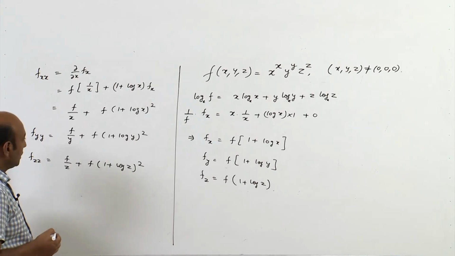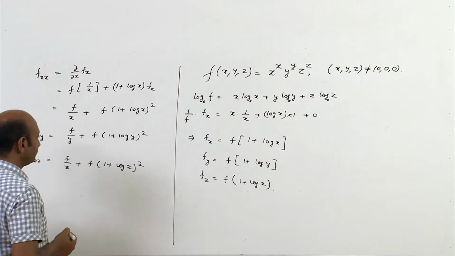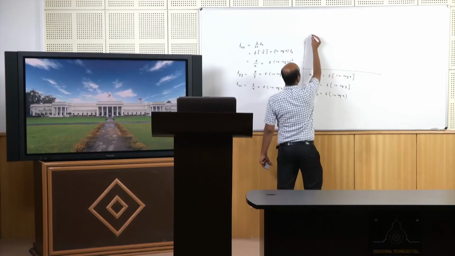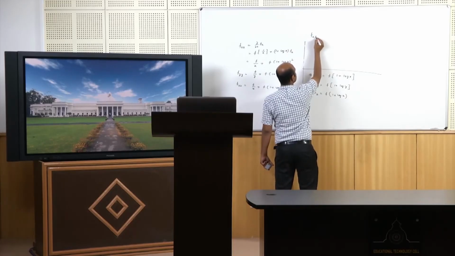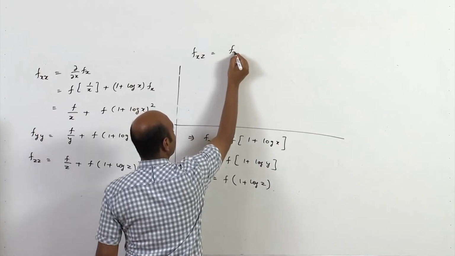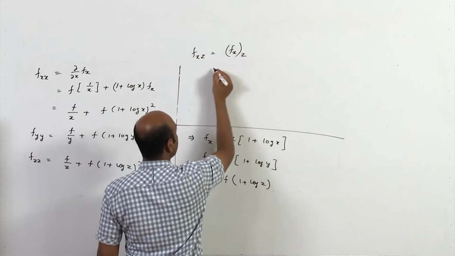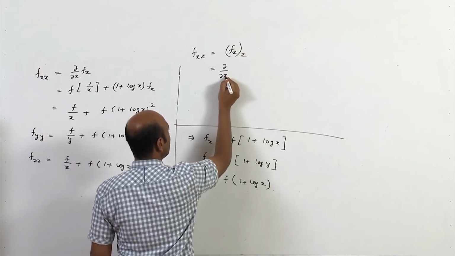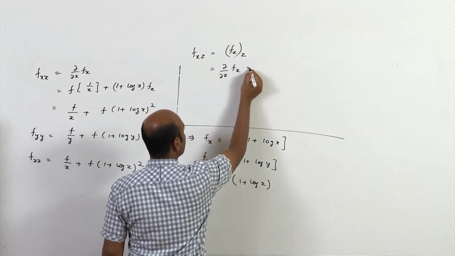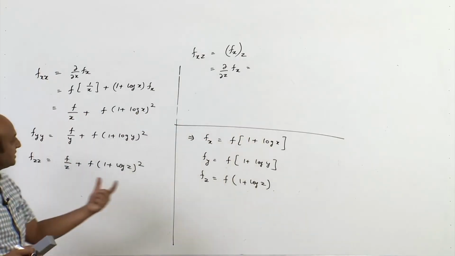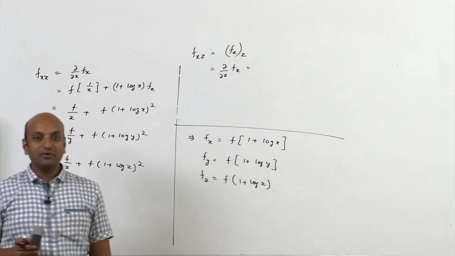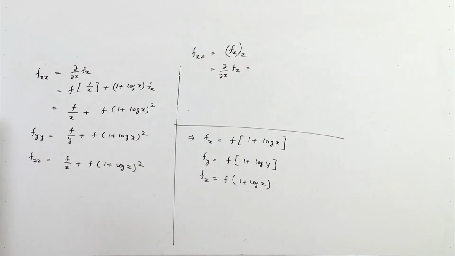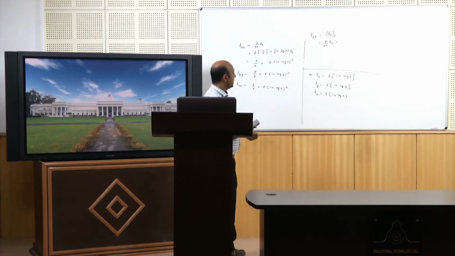Okay. Now, suppose you want to find out fxz, that is del by del z of fx. Now, what is fx? Fx is this, and you have to differentiate this fx with respect to z partially.